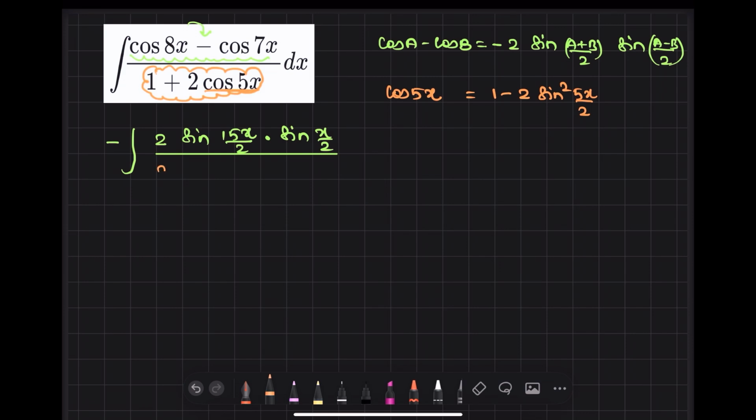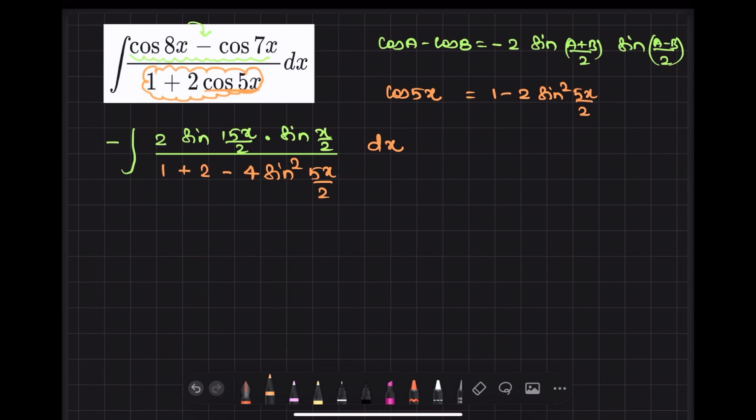So look at this. Can I write 1 minus this 2 will become what? This 2 will be multiplied with 1, so it will become 2, then minus 4 sine square 5x by 2. This question is very beautiful, you should understand this concept.